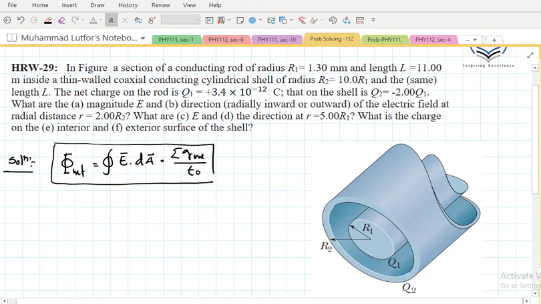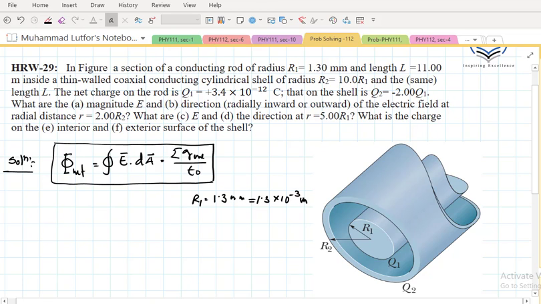Fine. Now over here they give us some parameters. R1 is actually 1.3 millimeter, and I'm going to convert that into meters. It should be 1.3 times 10 to the minus 3 meter, right?